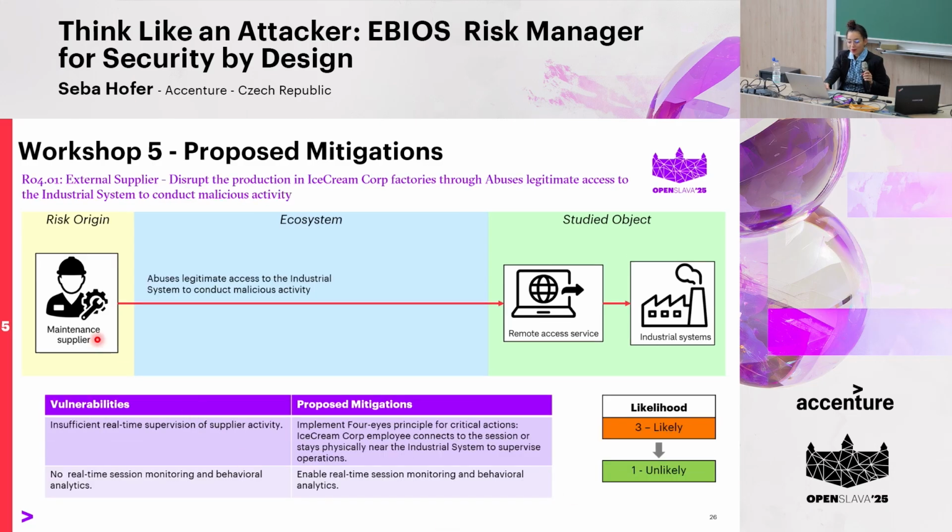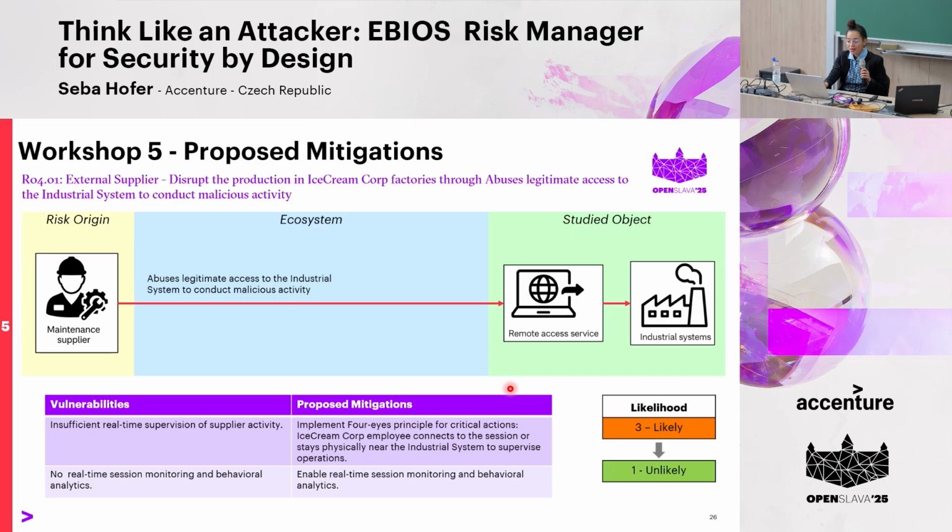Then there is the maintenance supplier that abuses their legitimate access to do a bad action. Here, what we propose is to identify the most critical industrial systems and, for these, to implement a four-eyes principle.